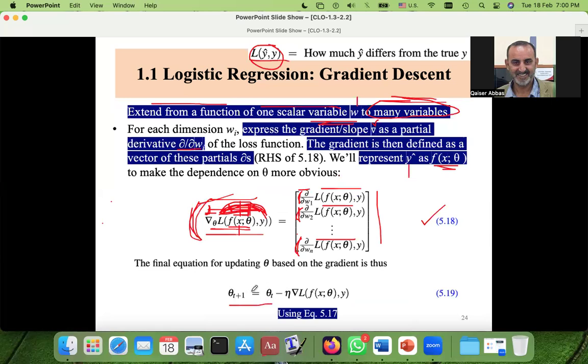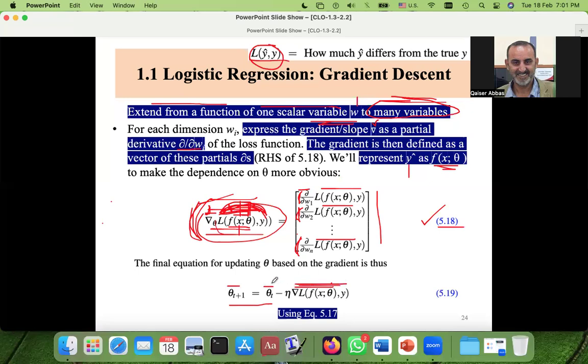Now you have theta at time t plus 1, the value of theta at time t, and then this gradient of L of f of x comma theta, the equation 5.18, is now becoming part of equation 9.19.